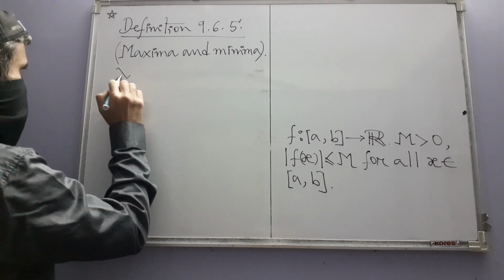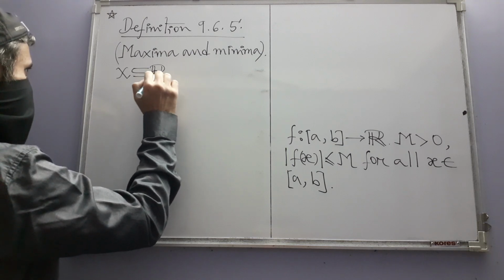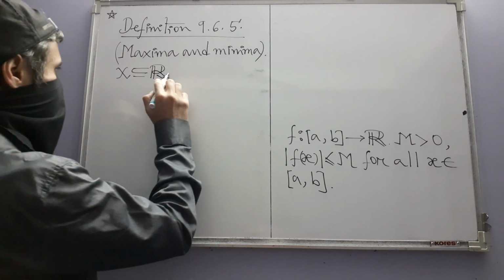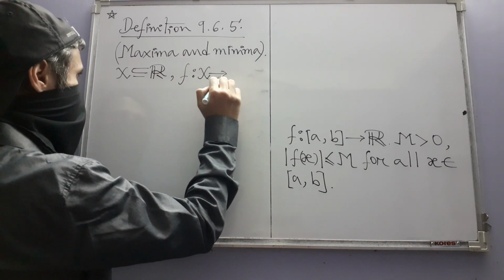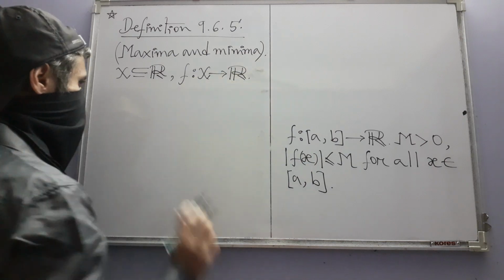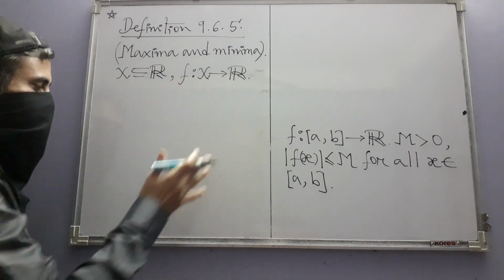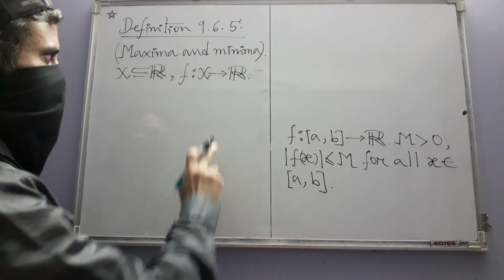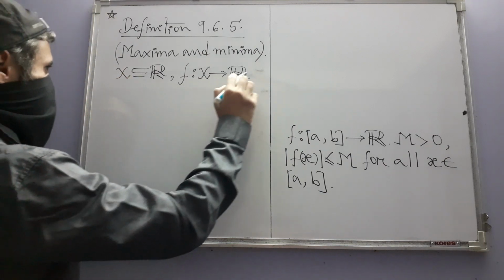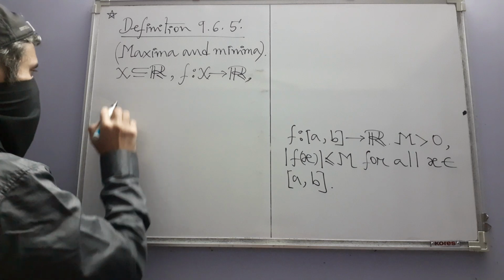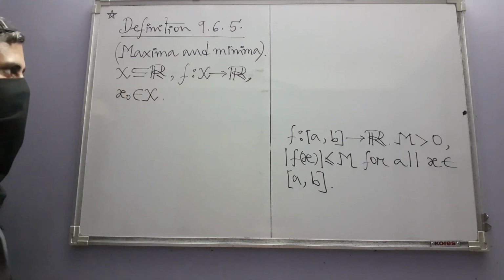So what we have here is a subset x of R and a function f from x into R. Although we will be considering functions of this type, we have to see the definition in general, where x need not be an interval. Also, let x naught be a point in x.